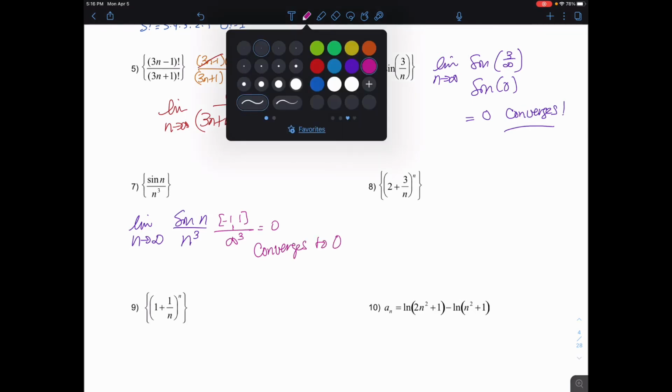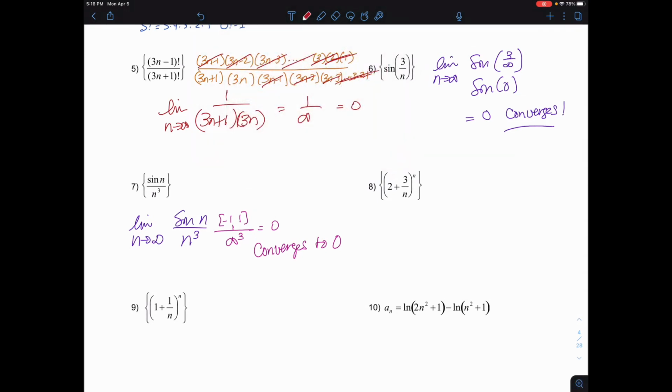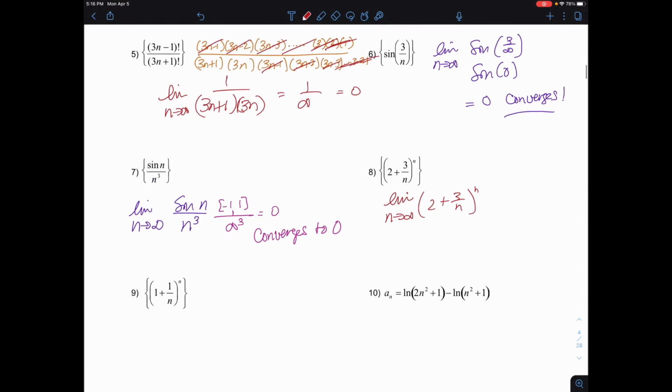So if you notice, we're doing the same thing every time. We're taking the limit as n goes to infinity of 2 plus 3/n to the nth power. Okay, let's plug in our infinities. So we have 2 plus 3 over infinity to the infinite power.